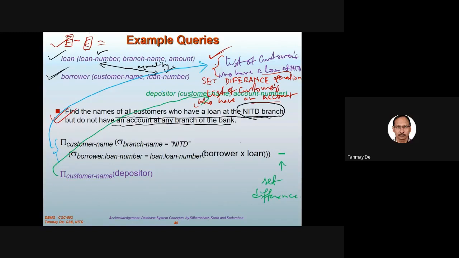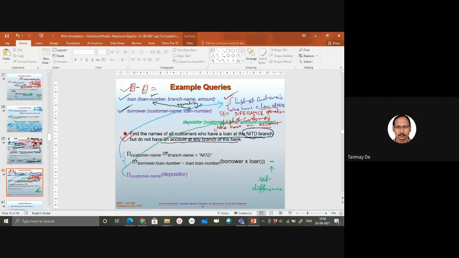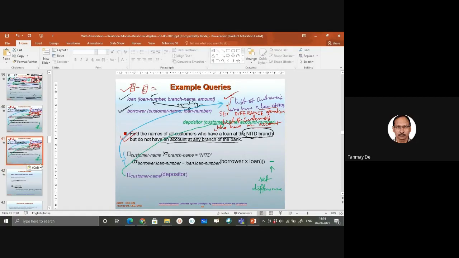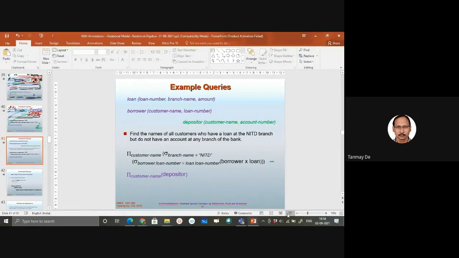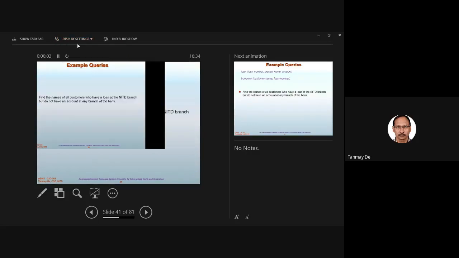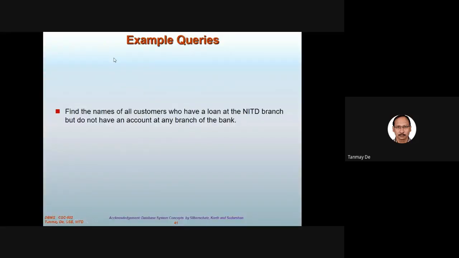The query is: find the name of all customers who have a loan at NIT Durgapur branch, but do not have any account at any branch of the list.